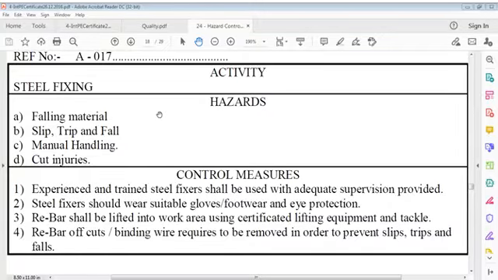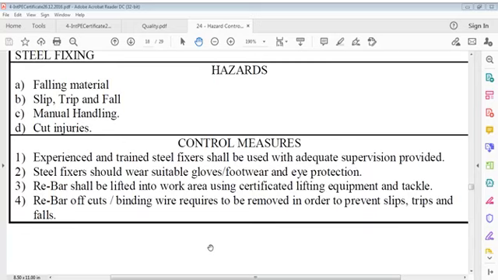So, what are the hazards and how to fix them? That's a very important point everywhere. Experienced and trained steel fixers shall be engaged only, and adequate supervision is required.